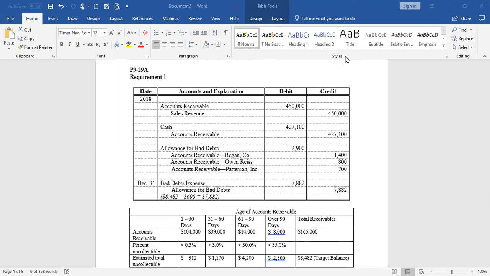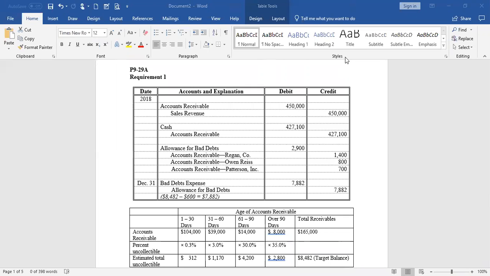So we're still going to debit the allowance for bad debts and then credit accounts receivable for actual bad debts. Okay, so that's $2,900, and our allowance account started with a credit balance of $3,500. We just debited it for $2,900. So going into our estimating, the allowance account has a $600 credit balance.